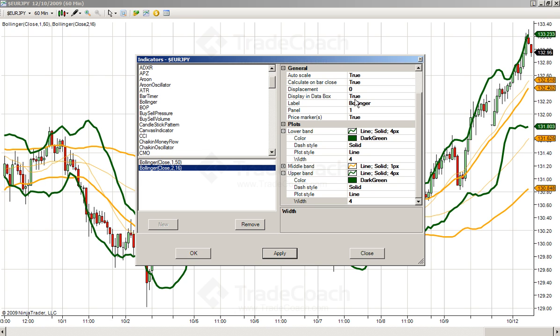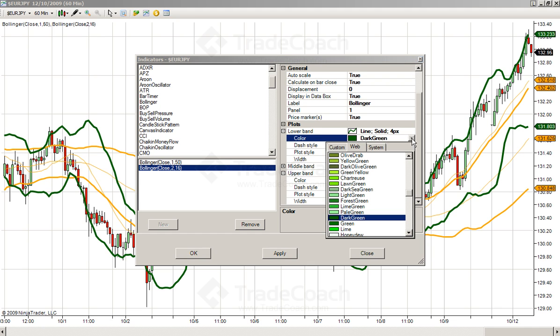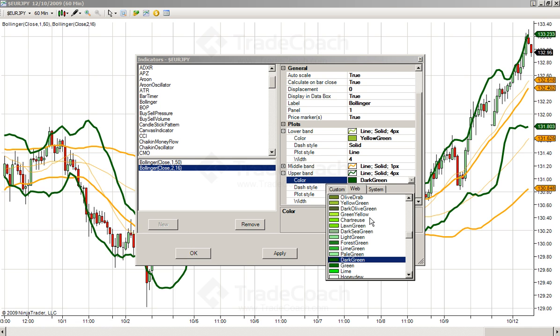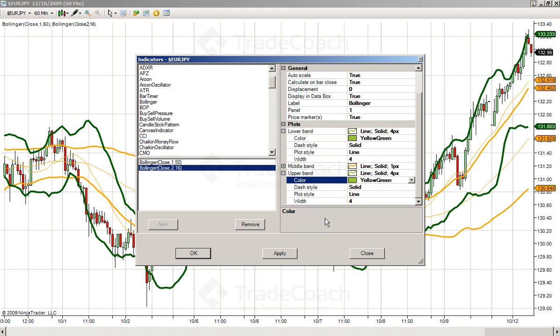Four and 4. Oh, sorry. Should be a brighter colour. I'll get organised in a minute. Yellow, green. And yellow, green. 3 and 3.